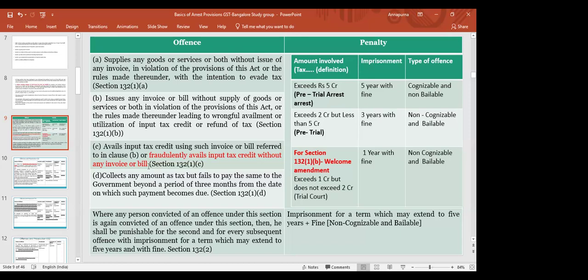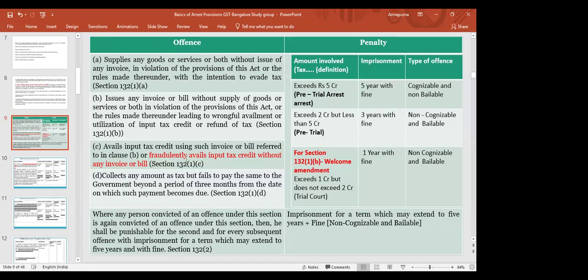So why, or could they have used this reference of A here, or what was the intention to bring this? Suddenly, I am able to see that the change has been brought to make it a non-bailable offense, fraudulently availing input tax credit, because already we have this using such invoice or bill. Generally this will take care of that, sir. So why again have they added this here?